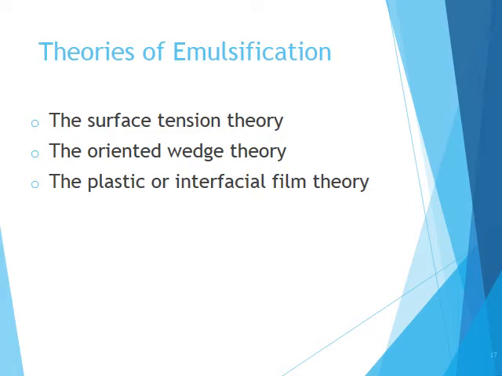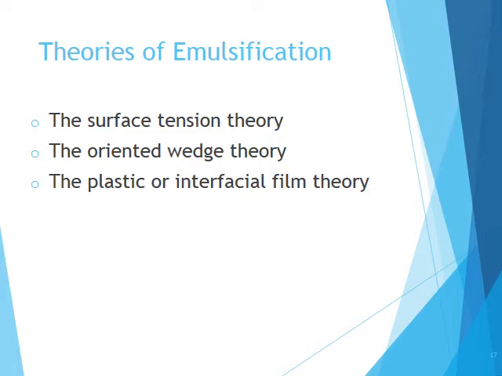In this theory, we have the internal phase and the external phase, and then we add the emulsifying agent. The emulsifying agent will promote the emulsification process by reducing the surface tension between the internal phase and the external phase.